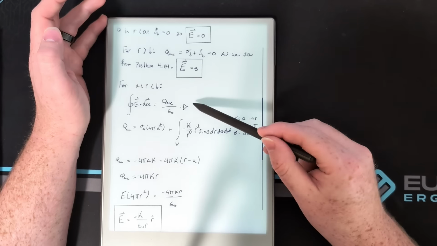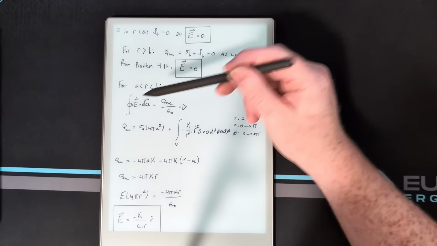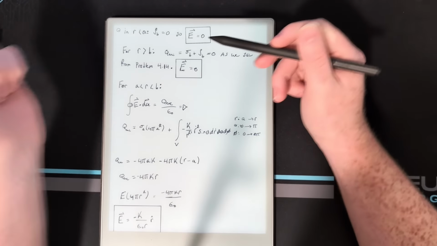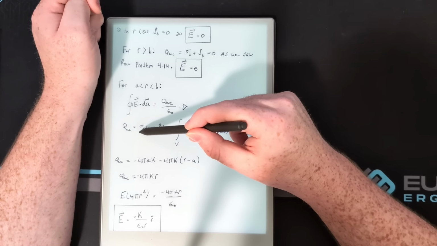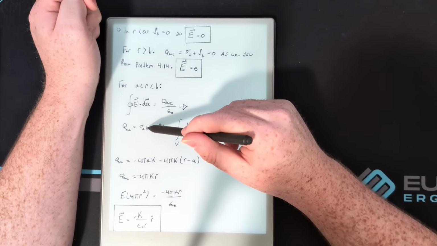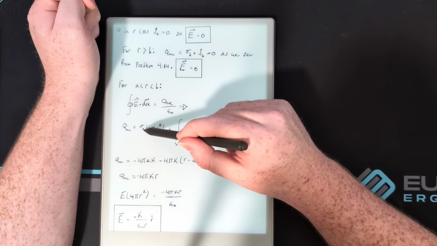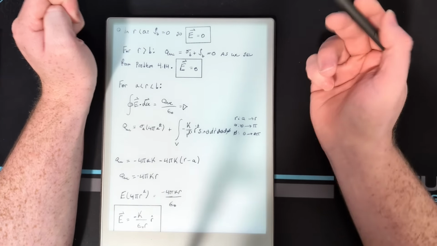Of course we have Gauss's law: the integral of E dot dA is equal to Q enclosed over epsilon naught. Now, what is Q enclosed in this case? Well, it's going to be the surface bound charge on A times the surface area of A. So I just wrote sigma sub A, the surface bound charge on A, times 4 pi A squared.